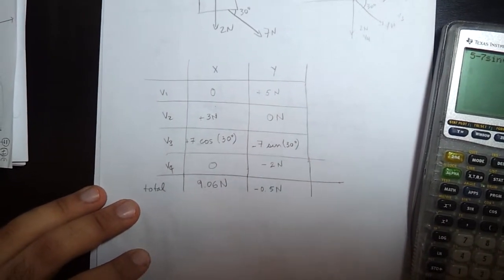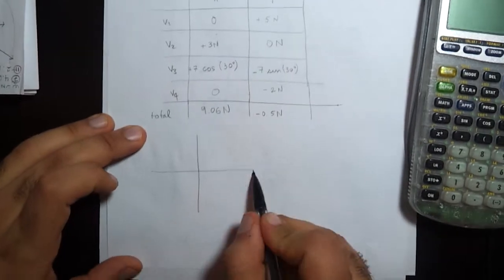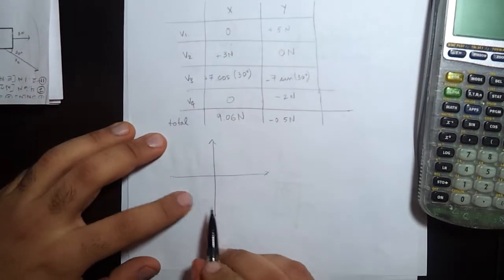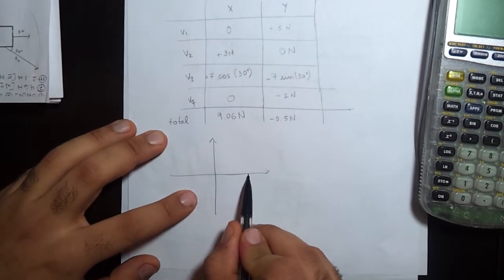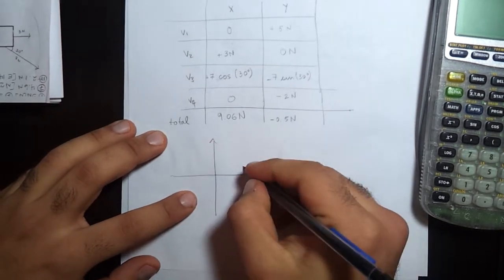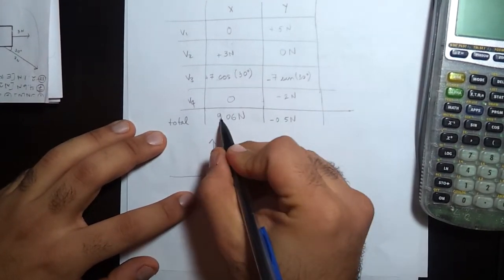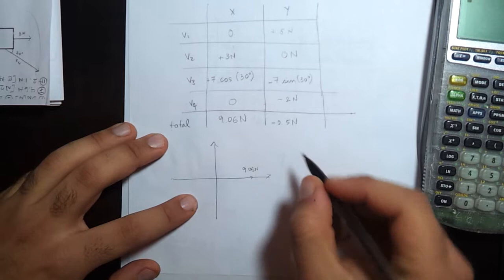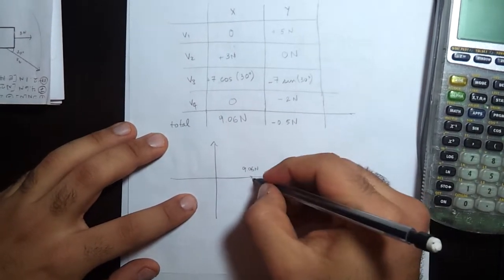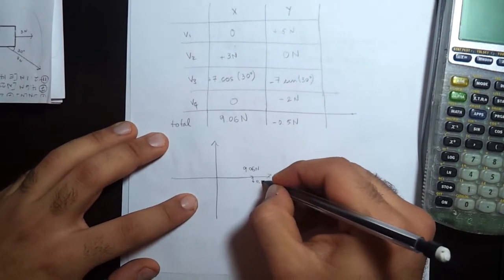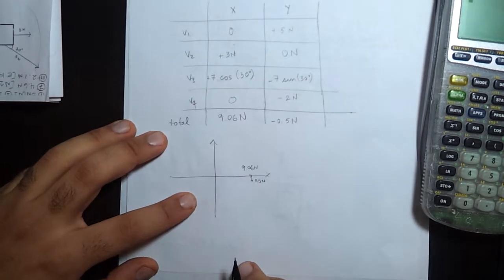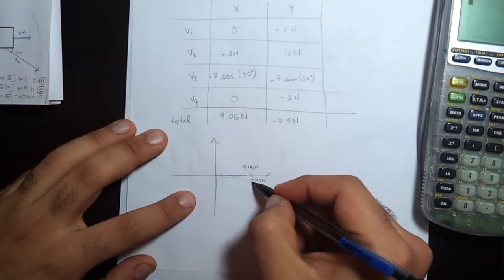So if we draw the new resulting vector, we're going 9.06 newtons off to the side, because it's a positive value, and 0.5 newtons downwards because it's a negative value. So F net has this magnitude.